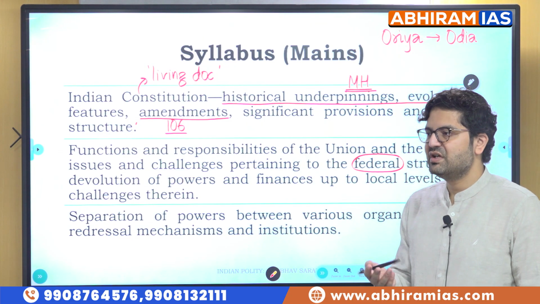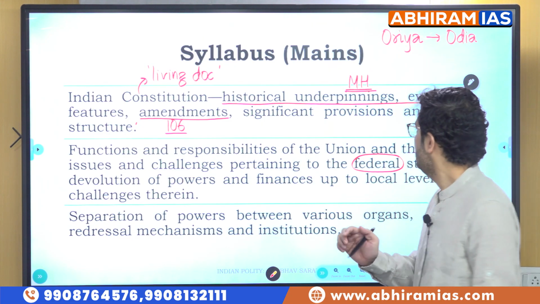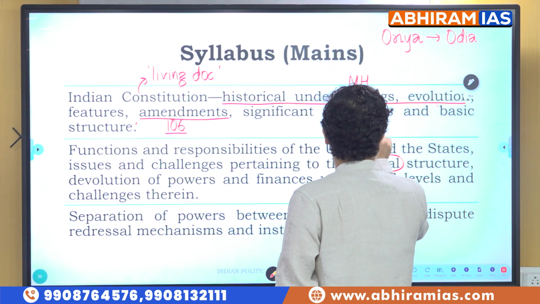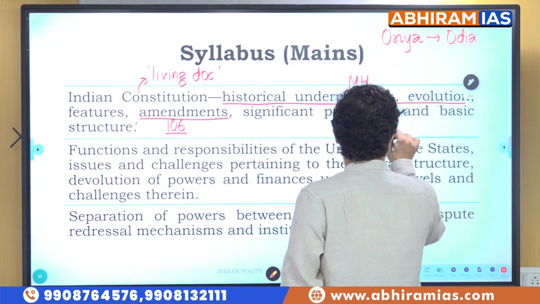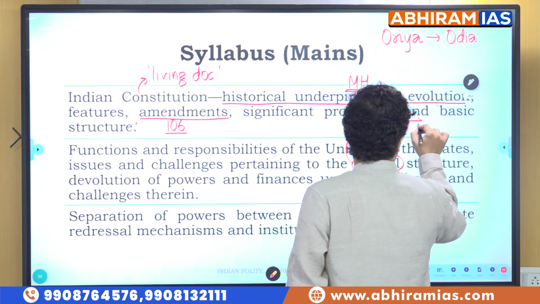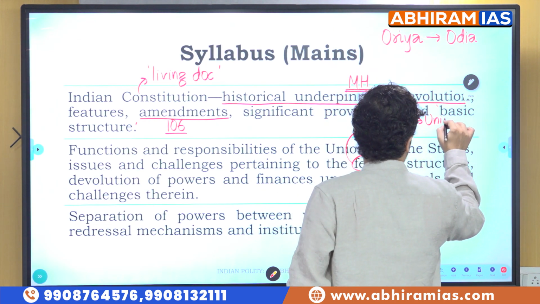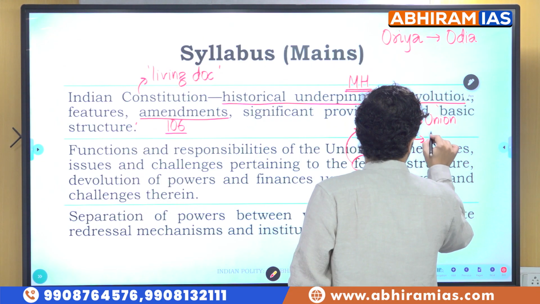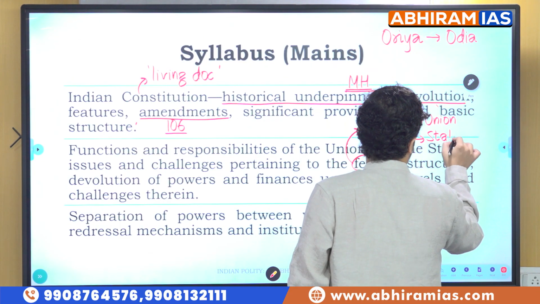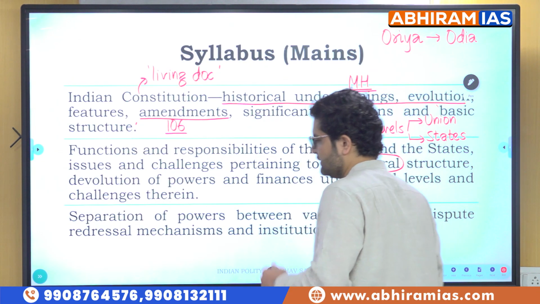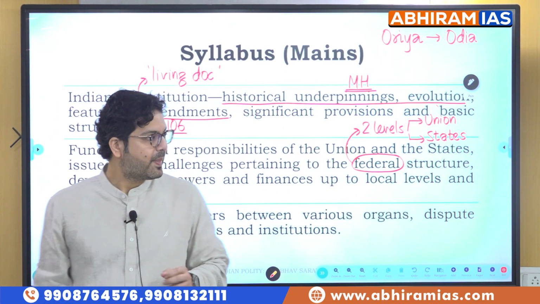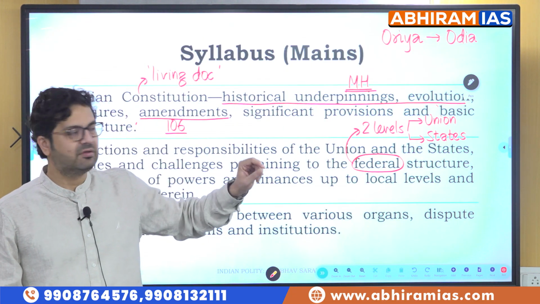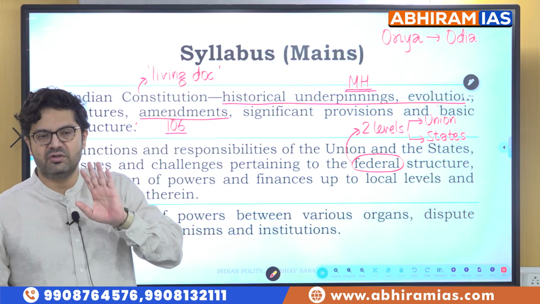Any government which has two levels, union and state, is called federal structure. Two levels, union and states. So all the things I am writing, you can mention there only on the sheet. Okay.